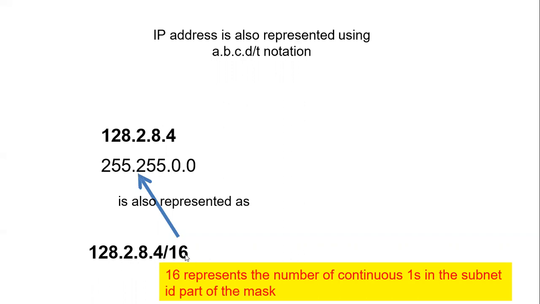Here, if it is 16 bits, it means 2 bytes are considered as your network ID. Each byte is 8 bits, so total 16 bits. You place this number after the slash. So this is the notation for classless addressing.